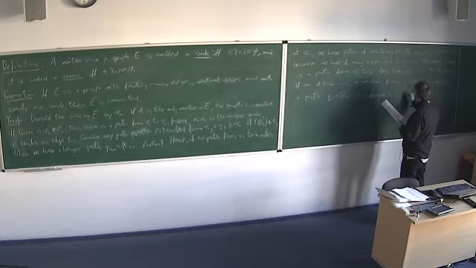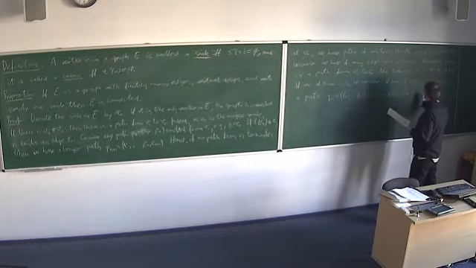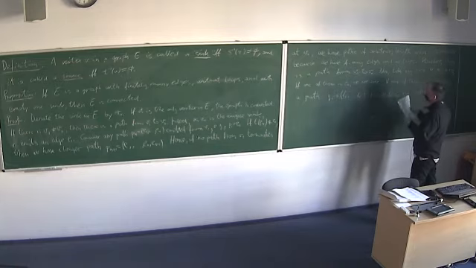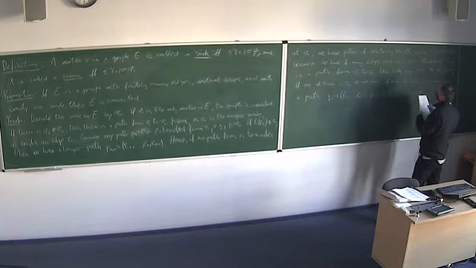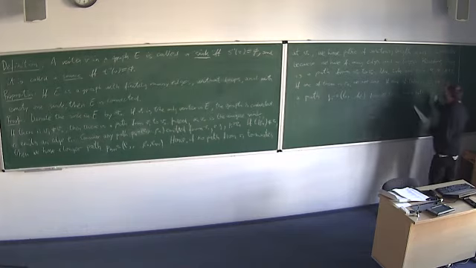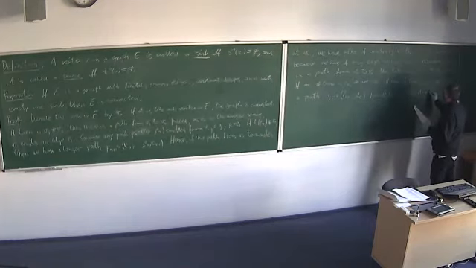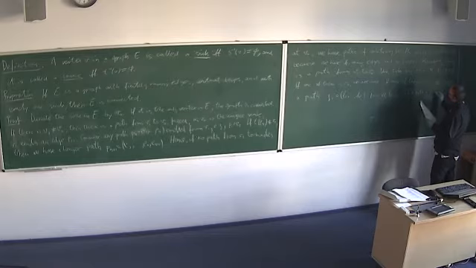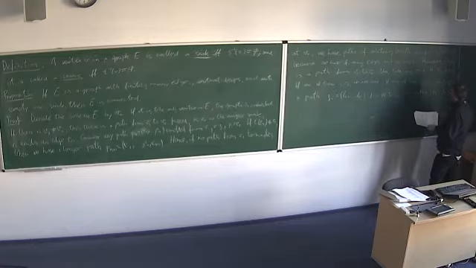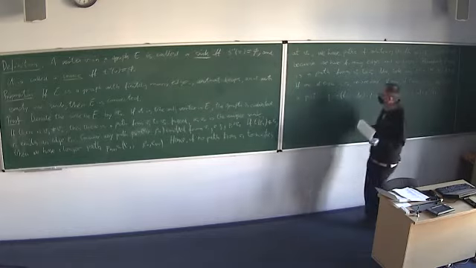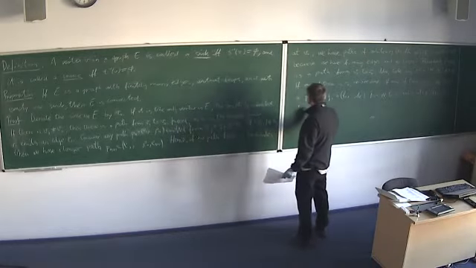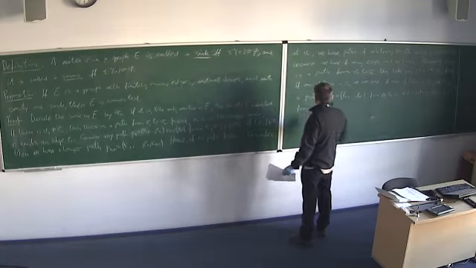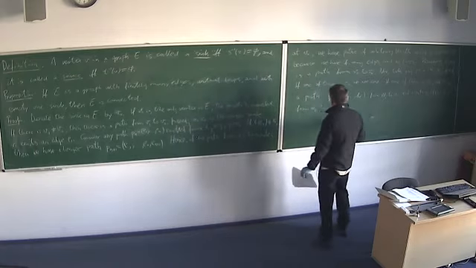And a path Q2, we have edges labeled from G1 to GL, and it's a path from W2 to V0.